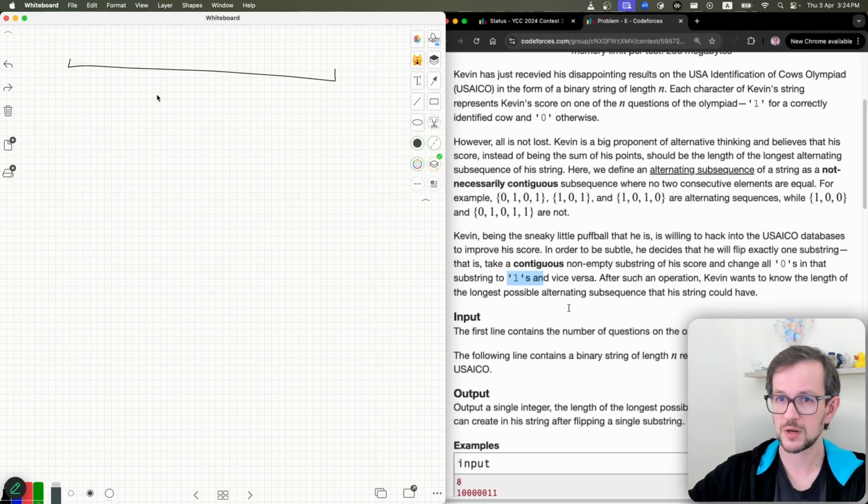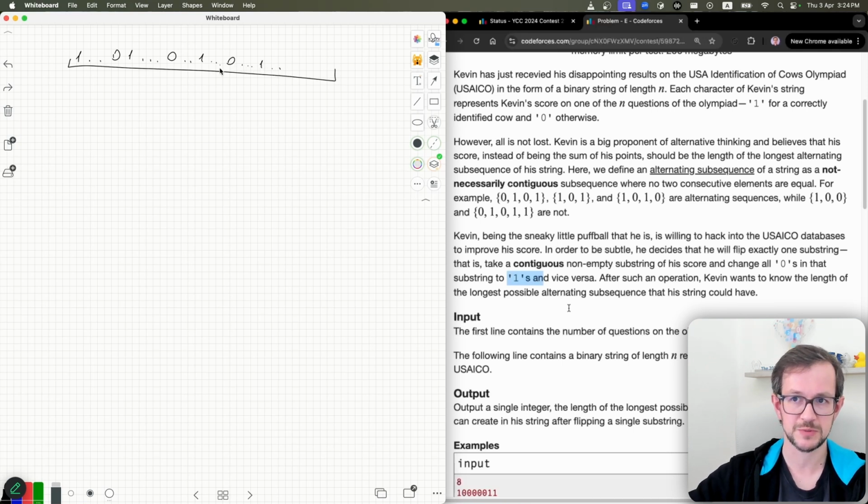So we can pick 1, then skip something, pick some 0, then pick 1, and so on. So we have some alternating subsequence, and we want one of the maximal size.